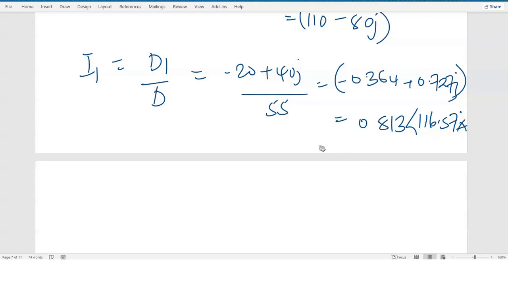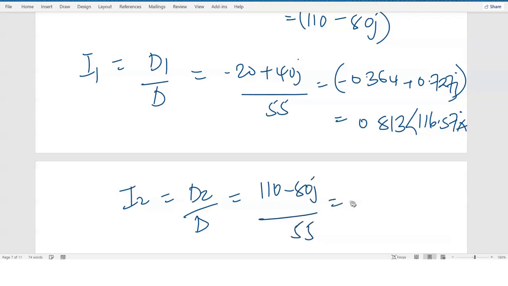So what is I2? Let's proceed to get I2. So I2 will be D2 divided by D, and we said D2 is 110 minus 80j divided by 55, and this is equal to 2 minus j1.455.